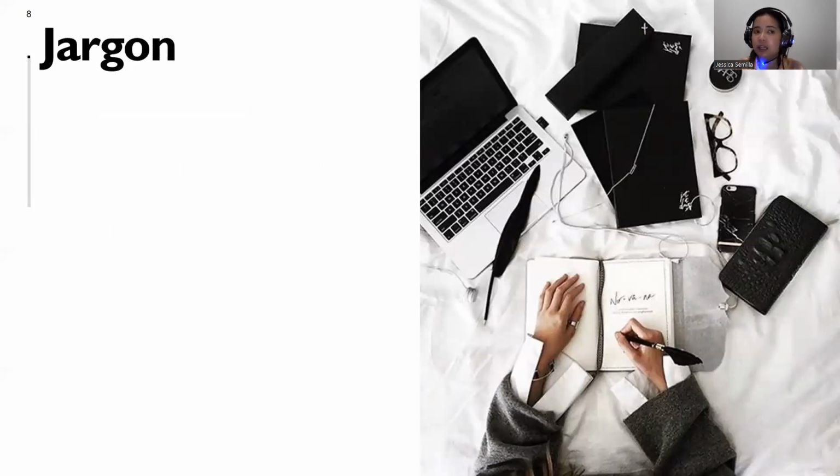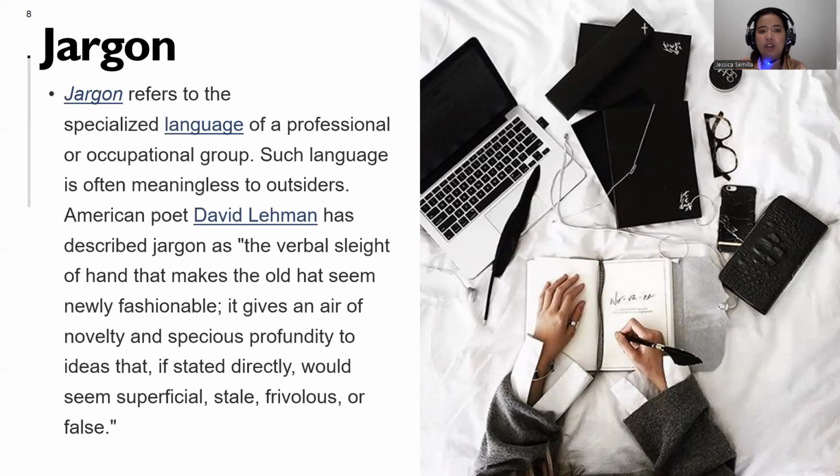Jargon is under the type of variety of language, and at the same time also under register. Because when we talk about jargon, these are specialized language which we use in a specific professional or occupational group. The nursing people have their own sets of jargon, and also teachers and, of course, the engineers and the other professions.